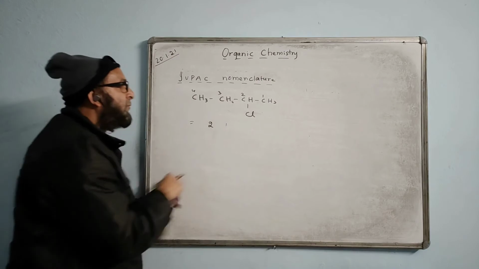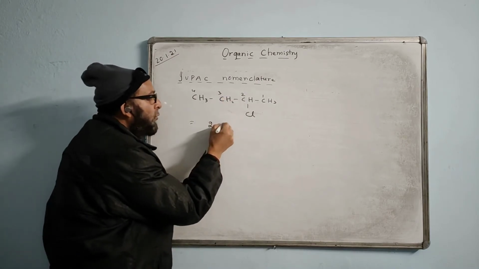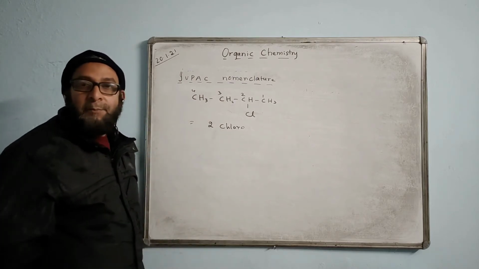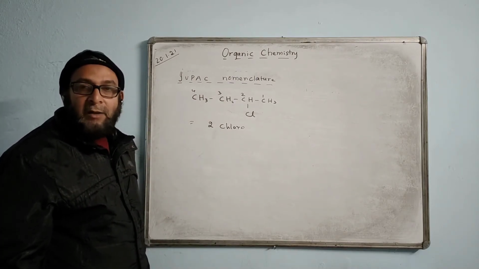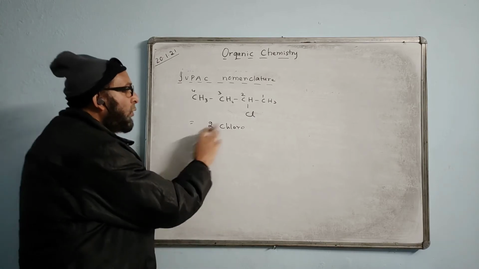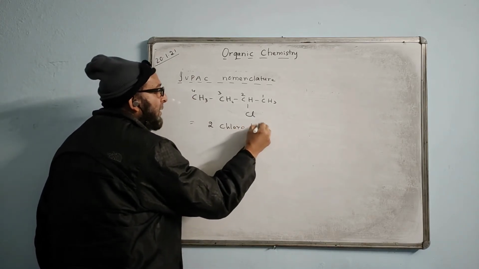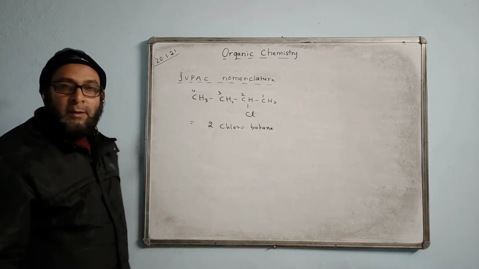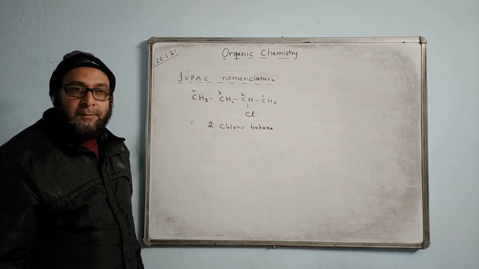This time we read this way. First we write 2, Cl is chloro, we say chloro. If Br is coming, we say bromo. If I is coming, we say iodo. We write it 2-chlorobutane. Single bond is there. We call it 2-chlorobutane. Is it clear?